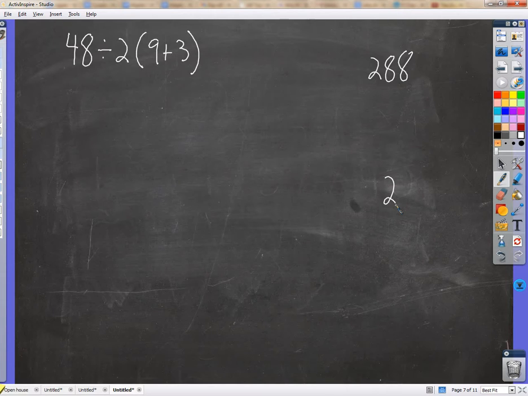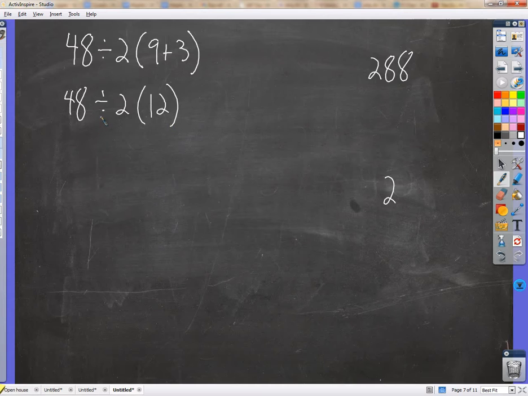Let's look at how we can get to these 2 answers. I think almost everybody, except for actually at least one person, and this is rare, most people added these 9 and 3 together. Okay? Most people will do that. 48 divided by 2 times 12. Add 9 and 3 and you get 12. Where you proceed from here is usually where you diverge from one person to the other.